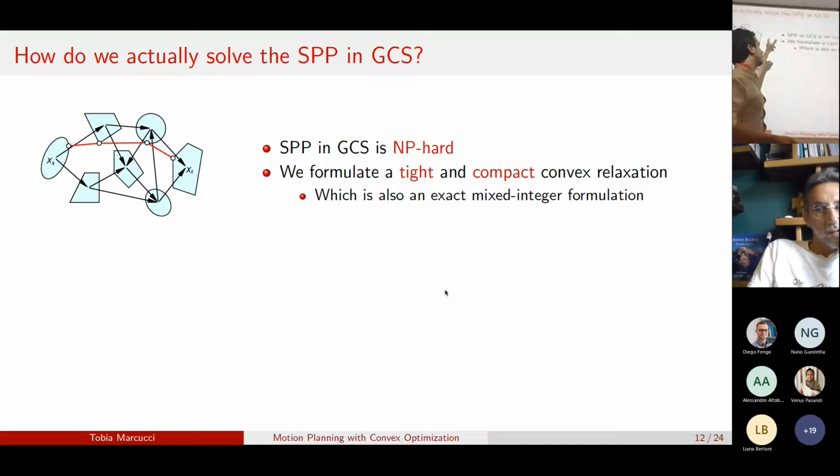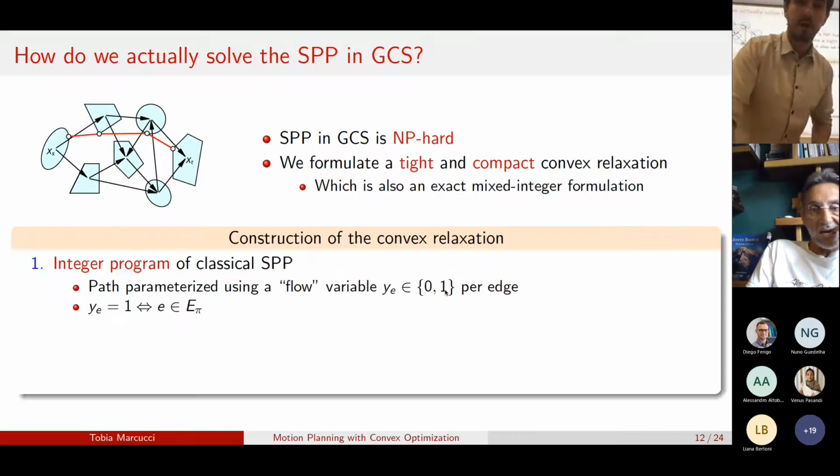So as we said, the problem is hard, so there is no hope for an algorithm that solves all the instances in polynomial time. What we came up with is a very tight convex approximation of the problem. So you should think of this as another problem that approximates the original cost functional tightly from below. And this will actually be an exact mixed integer formulation, but we don't care too much for today.